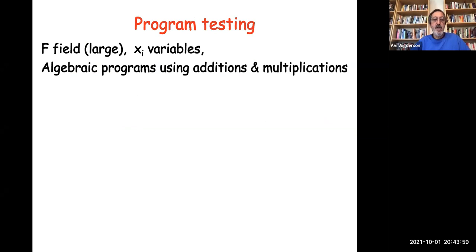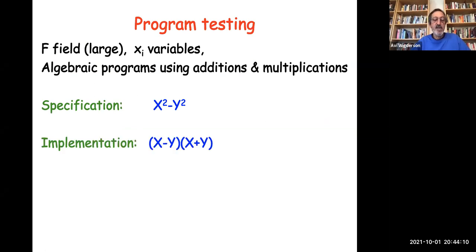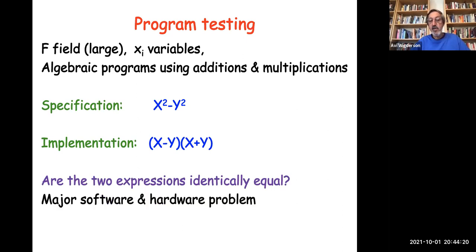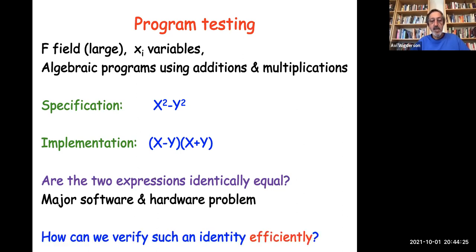If you want to test algebraic programs that use additions and multiplications, somebody specified that you should compute something, and then somebody implements it. They don't look the same, right? But they are computing the same polynomial. That's the kind of thing you'd like to verify, whether they are identically the same. That's one motivation for testing polynomial identities, doing it efficiently.